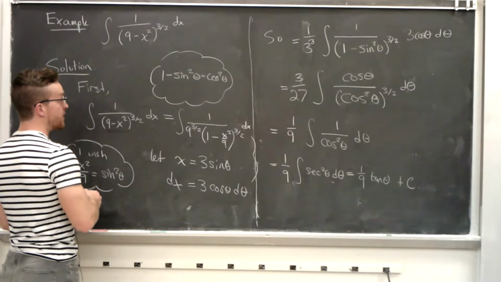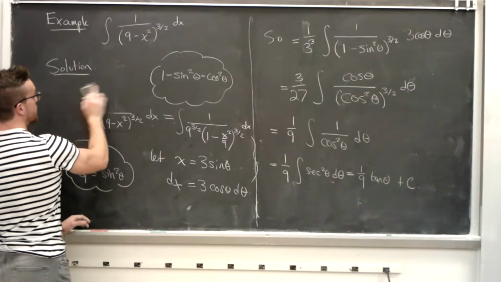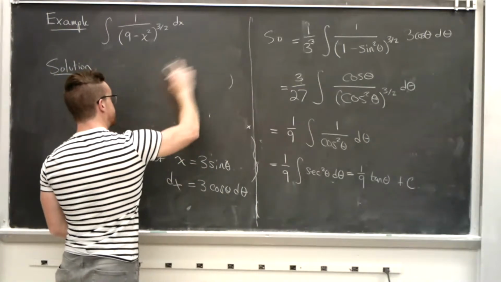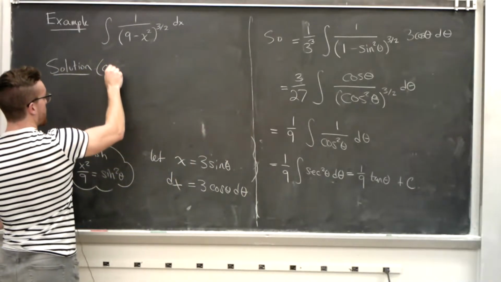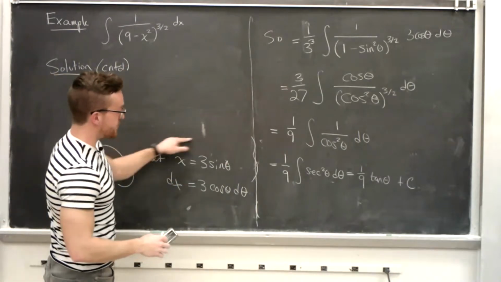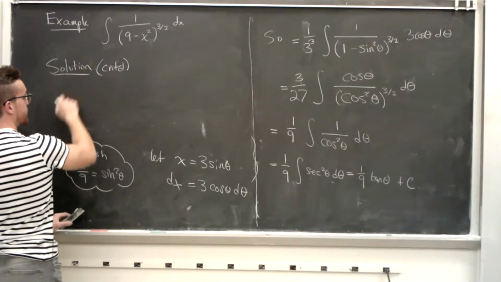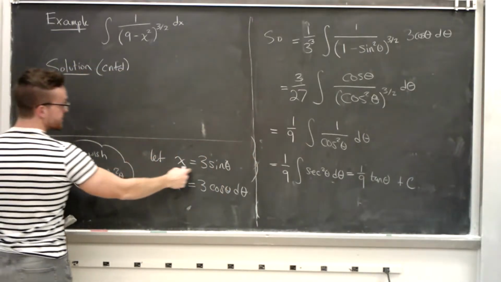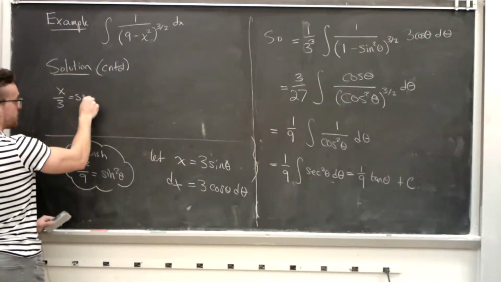All right. So continuing on. How do we go back to x here? Go back to the original substitution and draw a triangle. That's always the move. So the OG substitution was x over 3 is sine of theta.